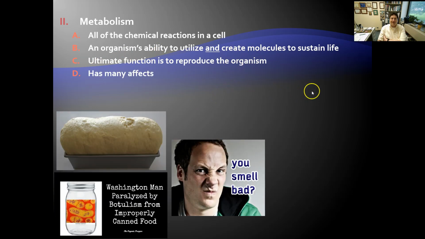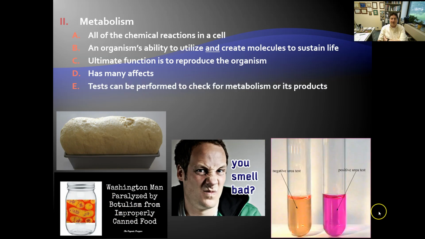There are many effects of metabolism, everything from causing bread to rise, the CO2 released by the yeast, to botulism, to bad smells, etc. And we can perform tests to check for metabolism or the byproducts of metabolism.